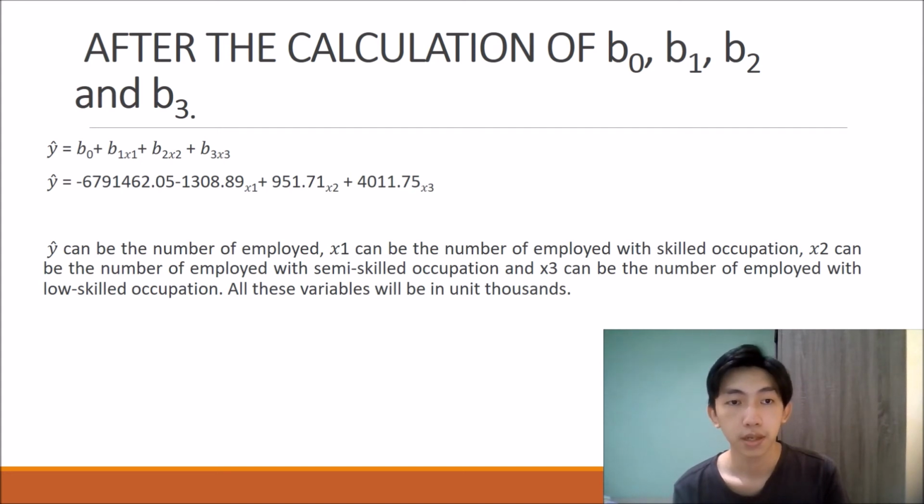Lastly, y is the number of employed, x1 is the number of employed with skilled occupations, x2 is the number of employed with semi-skilled occupations, and x3 is the number of employed with low-skilled occupations. All these variables are in units of thousands. That's all from me. Thank you.